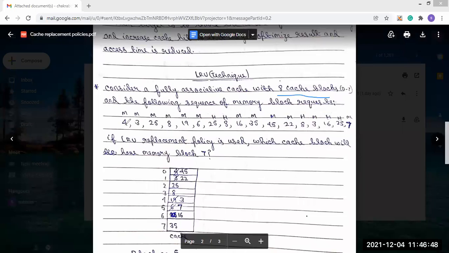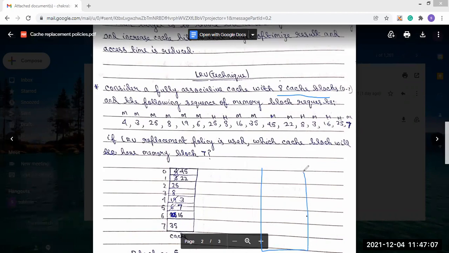Here, however, many blocks are requested: 4, 3, 25, 8, 19, 16, 25, 8, 16, 35, 45, 22, 8, 3, 16, 25, 7. So we will see how to do it.